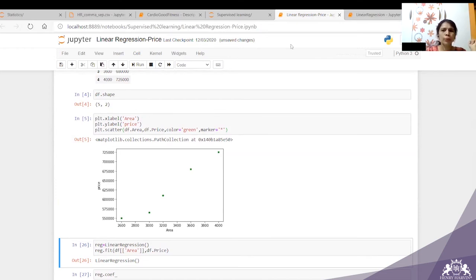Now the question could be, I can draw any number of lines over here. This could be a line, this could be a line, this could be a line. There could be any number of lines, but which line is the best fit line?